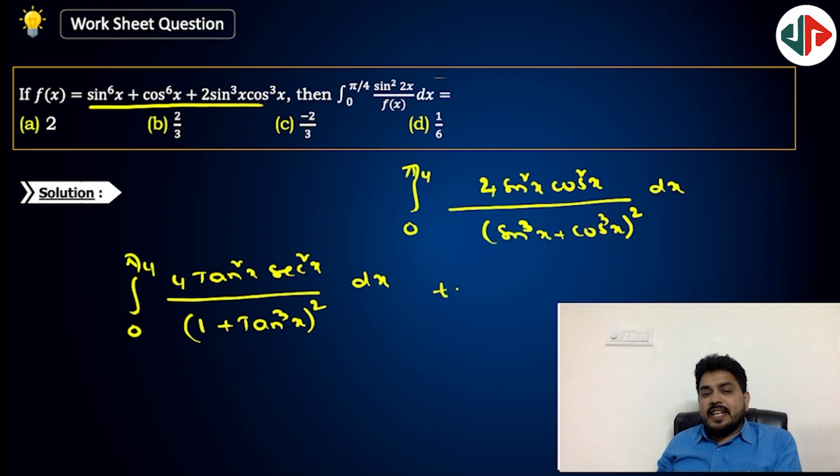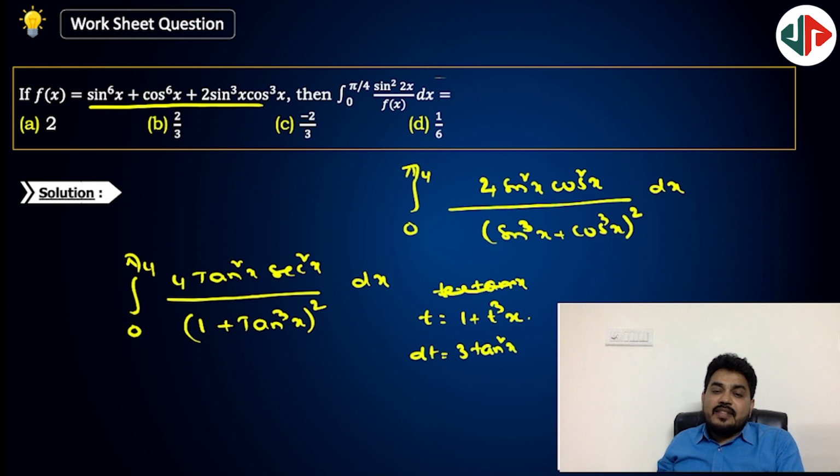If I take t is equal to 1 plus tan cube x, then dt is equal to 3 tan square x secant square x dx.